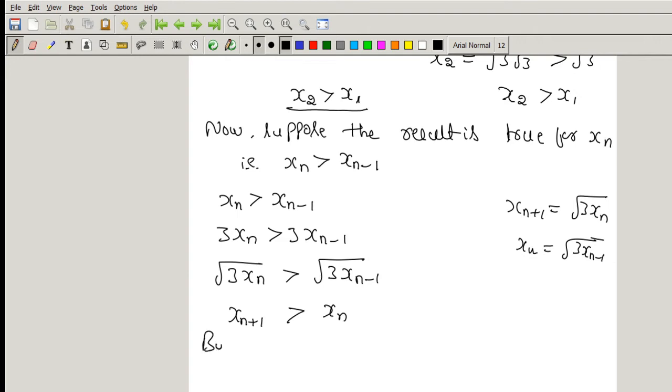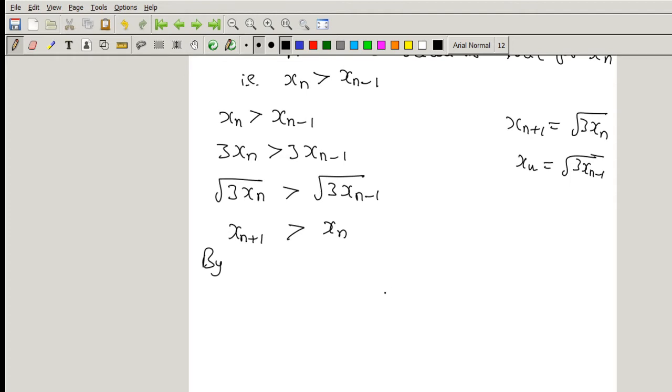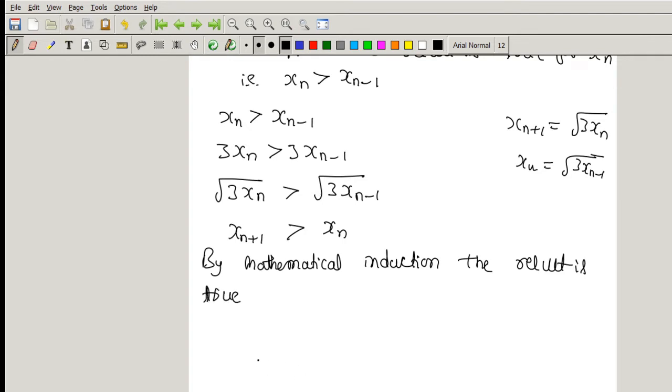By mathematical induction, the result is true for all n belongs to natural numbers.